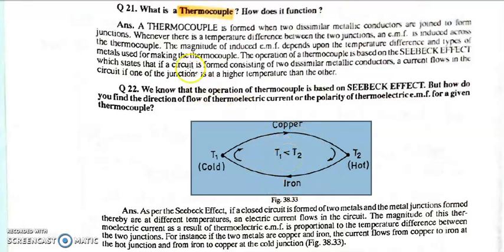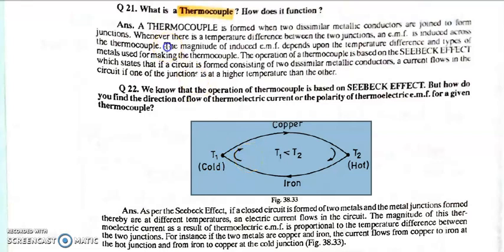How? Since there is an induction of EMF, electromotive force, and this activity is known as thermoelectricity, meaning generation of electricity due to change in temperature.